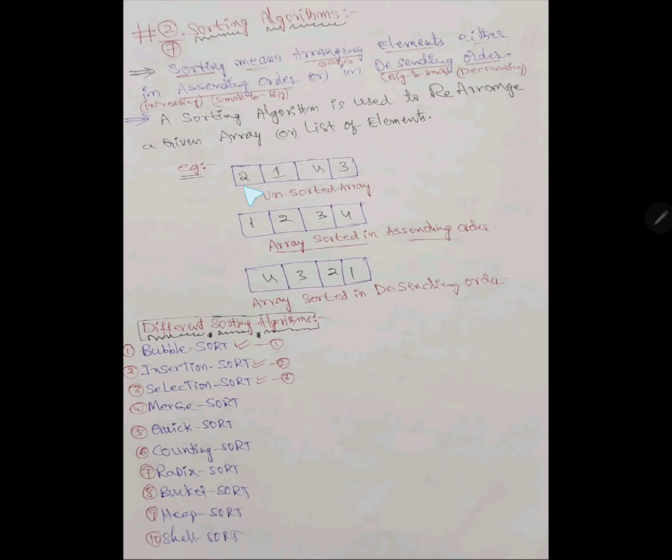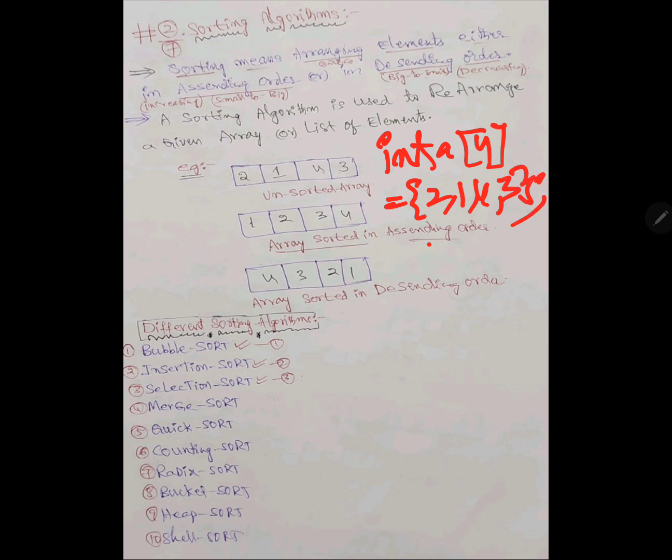For example, he has taken 2, 1, 4, 3. If you write it in code, I will show you. Very simple: int a of 4, with values 2, 1, 4 and 3, semicolon. These are random values, not in sequence, not ordered.